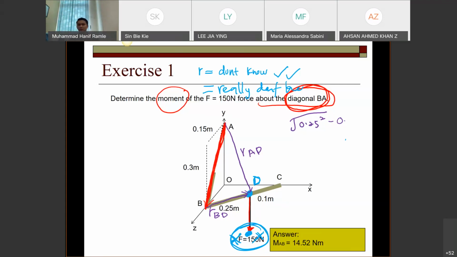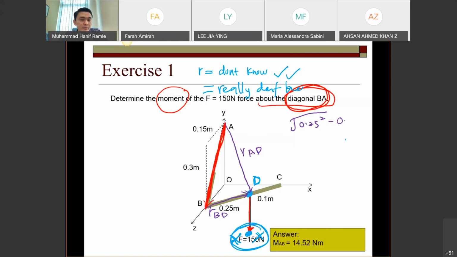Using Pythagoras theorem? Yes. Pythagoras theorem, yes. Where is the triangle? I think first we need to find RAD, then we can find RBD.